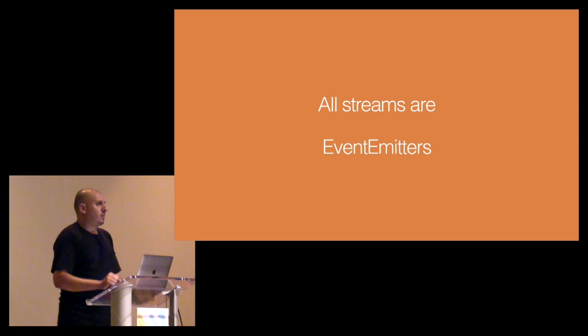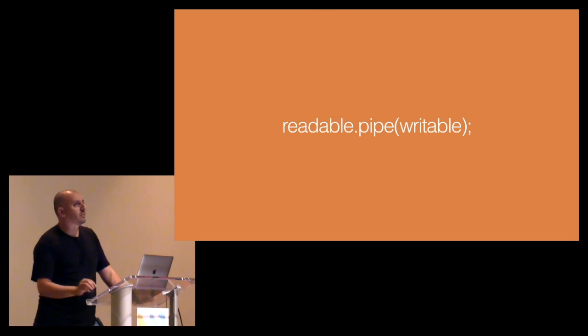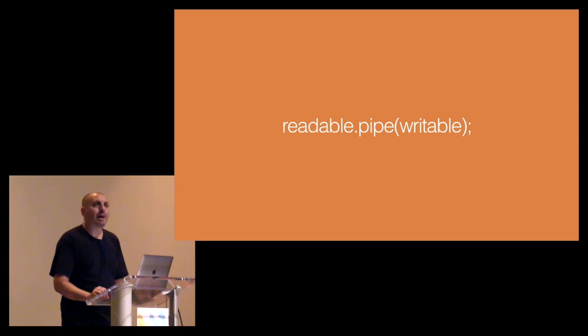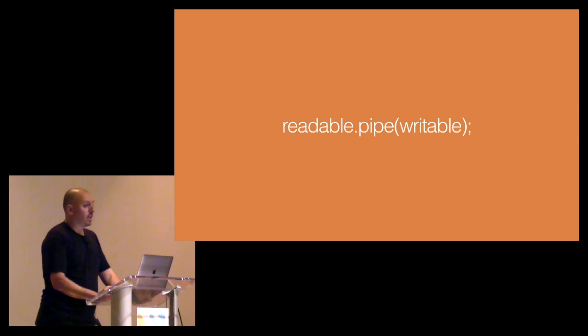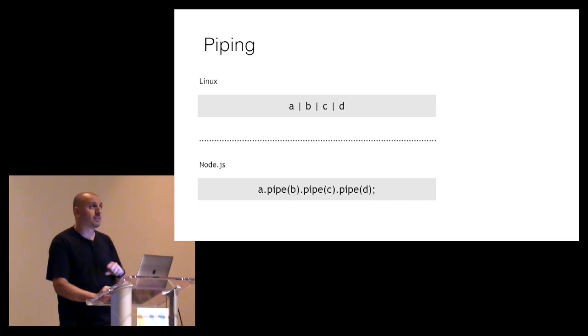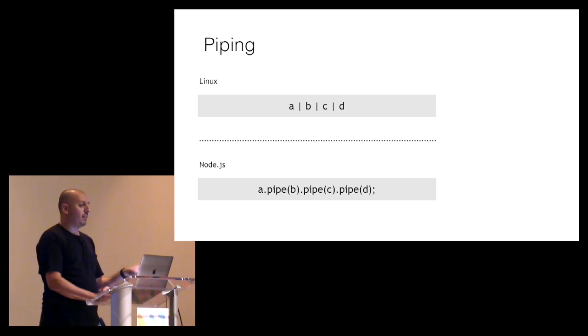Streams are hard. The global way to use streams is pipe. You get a readable stream, and you pipe it into a writable stream. That's it. Just remember this slide, because it's the most important slide today. Readable.pipe on writable. And you can think of them as Linux pipe commands. You have multiple commands in Linux, and you pipe one into the other, and the other into another one, and you get more powerful programs by doing so. The exact same philosophy.